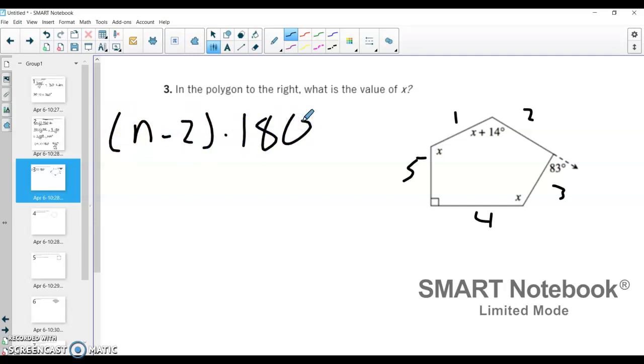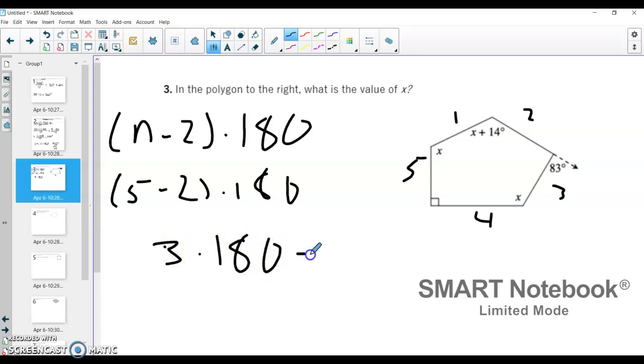This is a 5-sided shape, and so I plug in 5 for my n, my number of sides, and I get 5 minus 2 times 180, which is 3 times 180. And 3 times 180 gives me that there's 540 degrees in this pentagon here.